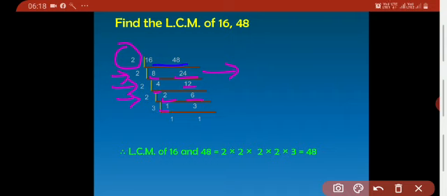Now in this tier, 3 is there, so we will take 3, and the quotient at last will become 1. So what you have to do is multiply the left side of the cake.